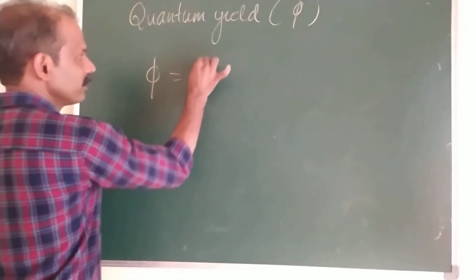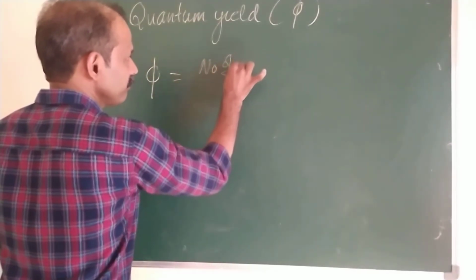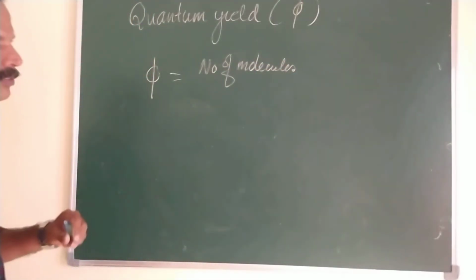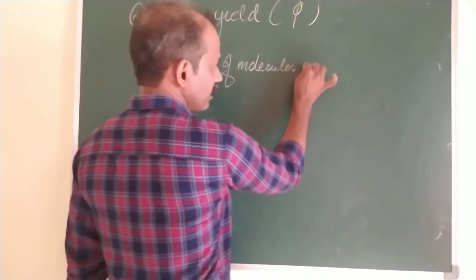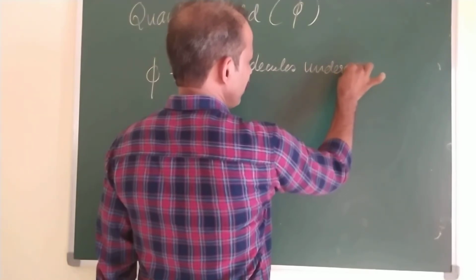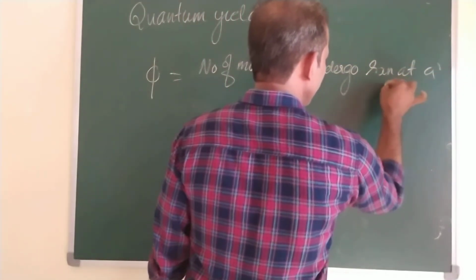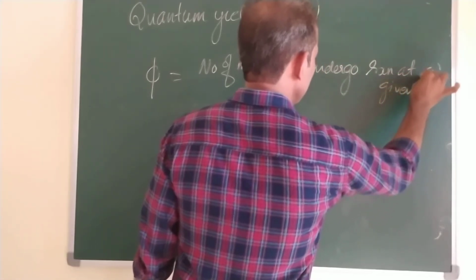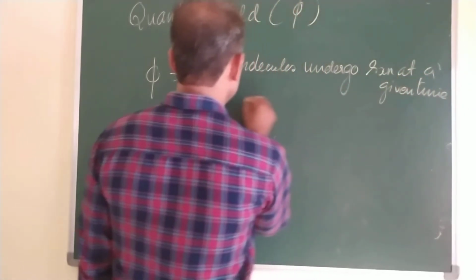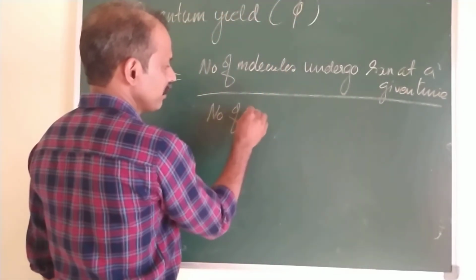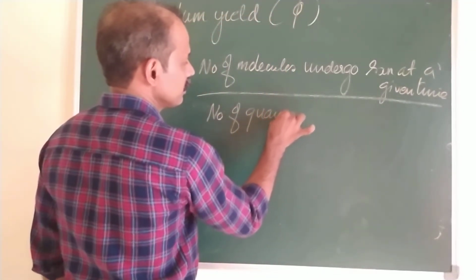Phi is equal to the number of molecules undergoing reaction at a given time divided by the number of quanta absorbed.